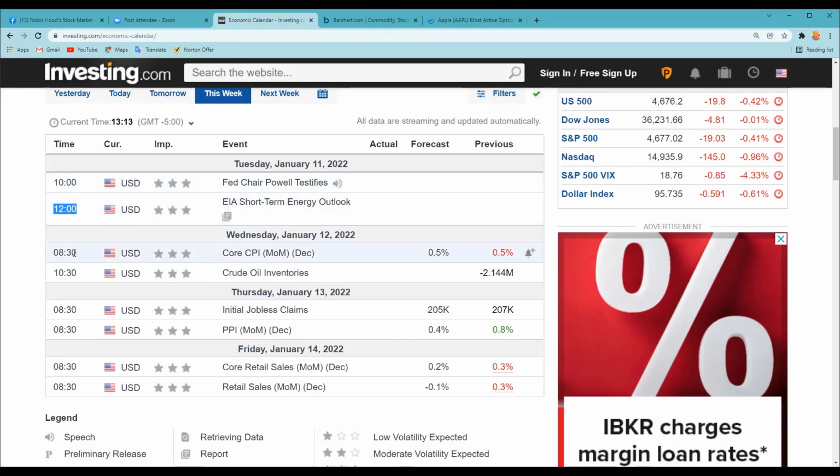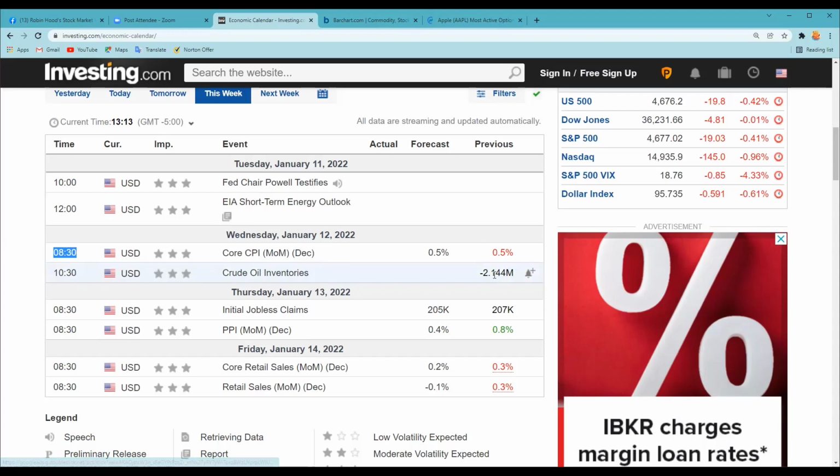Wednesday. At 8:30, we have the core CPI month over month for December, scheduled to be reported one hour before the stock market opens. So that provides us a lot of pre-market volatility, great volatility that we're looking for, especially if we're holding stock options.